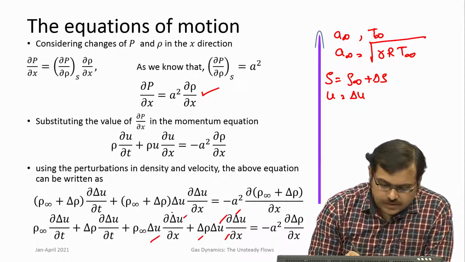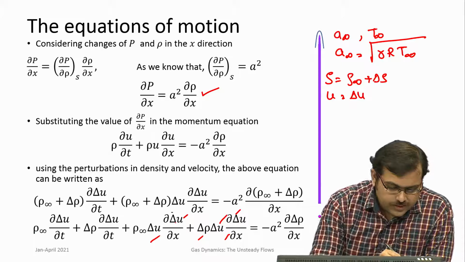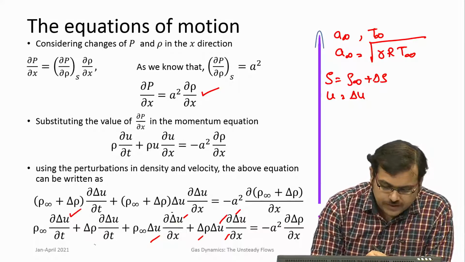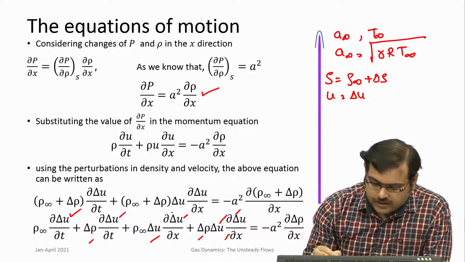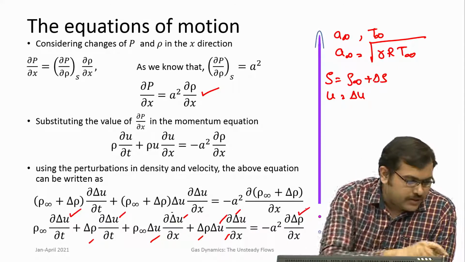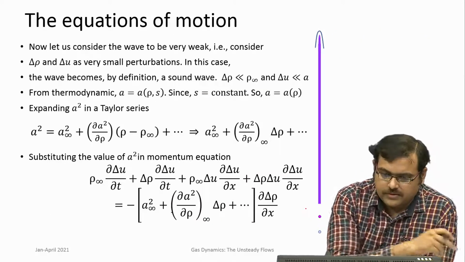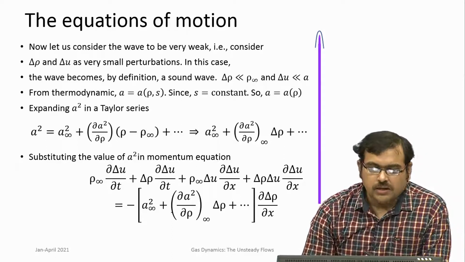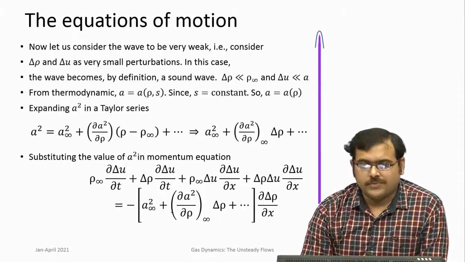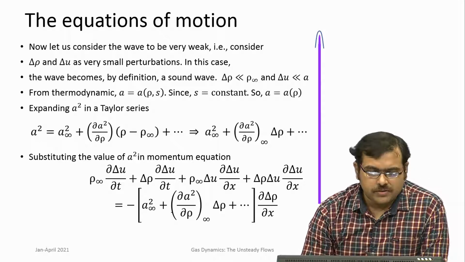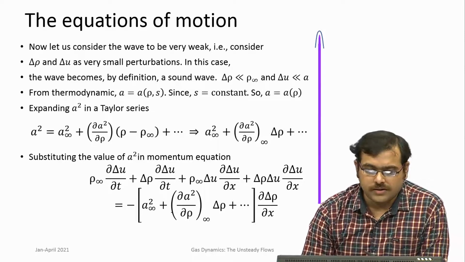Again these terms are very small, this term is significant, this term is small, and this term is significant. So, there are two significant terms over there. Now, these are very weak waves, of infinitesimal amplitude, very small perturbations.